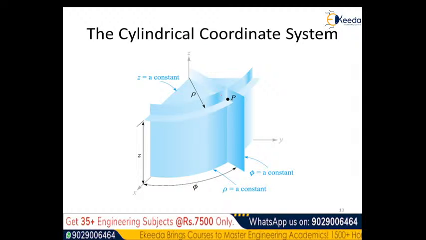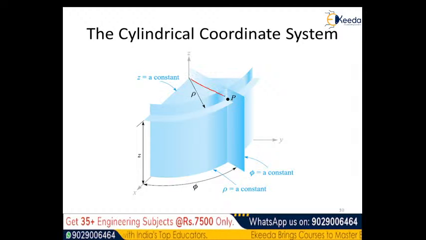Now from a point P, we drop a perpendicular onto the z-axis like this, and the length of this perpendicular segment is nothing but rho. So considering this length as the radius of a cylinder, we have to imagine a cylindrical shape which is centered at the z-axis. So here it is the measure of length, one coordinate.